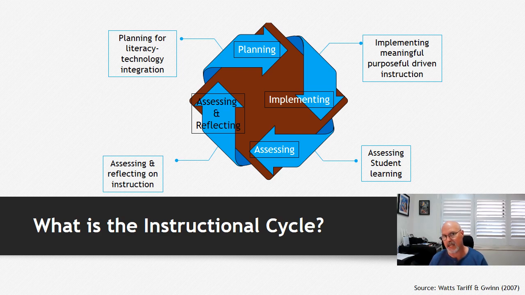Then throughout the year, collect work samples from these students' engagement in literacy ICT activities, and make sure that you label them appropriately so you don't lose them in your planning notes. That's a very important part, and to help you with that, there is a label that you can use that is attached to this video.